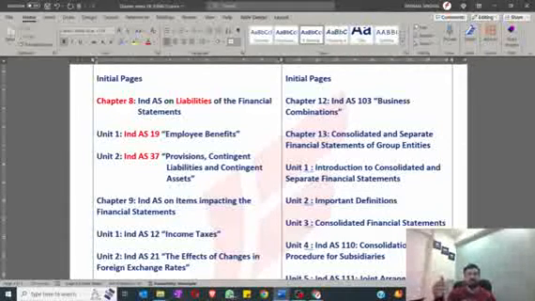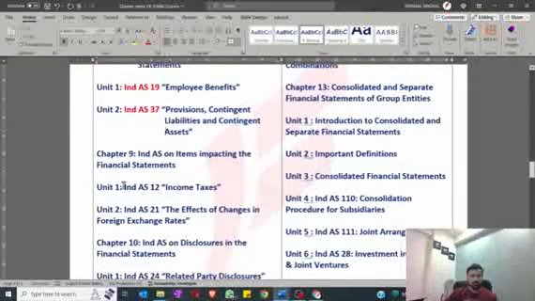Expenses which have accrued, become due but haven't been paid, are shown as payable. And those which have accrued but not yet become due are shown as provisions. The other provisions also, say provision for doubtful debts, provision for bad debts, are created against assets. Which assets? Debtors. So we'll be studying about provisions, contingent liabilities and contingent assets in Ind-AS 37.